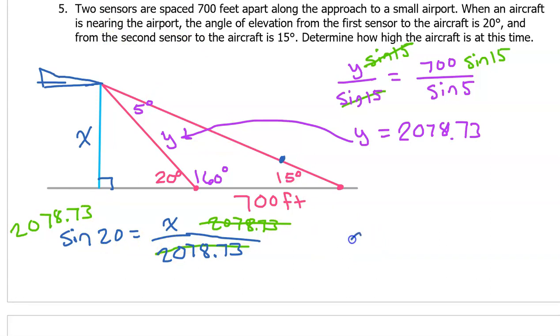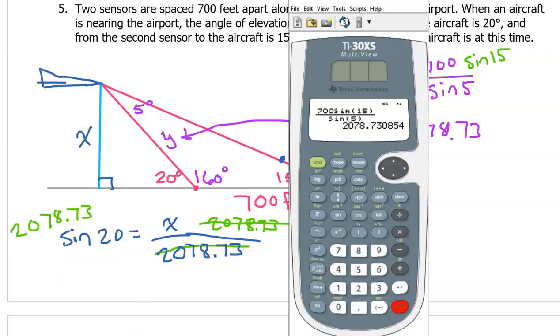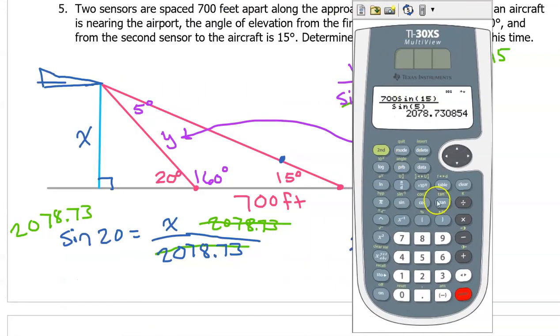All right, so here comes the final answer. Okay, so I'm going to do 2078.73 times the sine of 20.